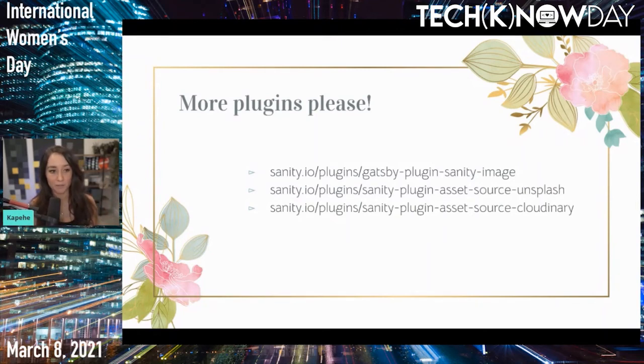So the Gatsby plugin, Sanity Image, it handles images in Gatsby. These next 2 are really awesome, they pull from Unsplash or from Cloudinary. So you can pull straight from Unsplash and get an image, or straight from Cloudinary and get an image. So that makes it really awesome. Just add this plugin to your studio and you would have that up and running.